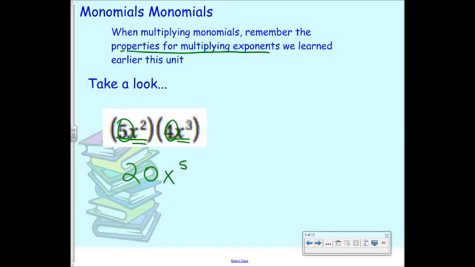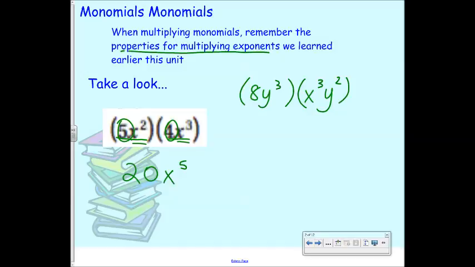All right, what if you had something like this? What do you think this would give you? I don't see a coefficient in front of my second one, so what can I do?